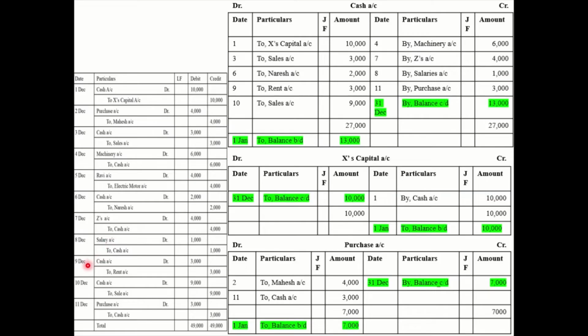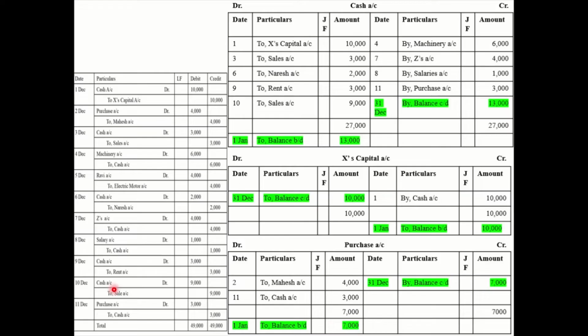Then 9th December, cash account entry is on the debit side. That date, credit account we record on the debit side, to rent account rupees 3000. And 10th December, cash account entry is on the debit side.